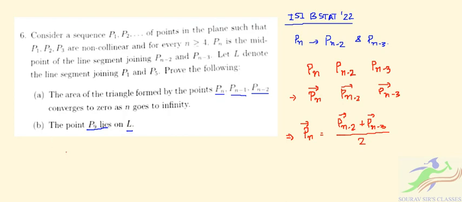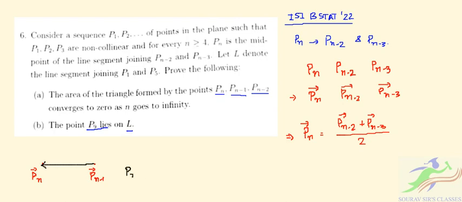So we can consider these two points, this is Pn and this is Pn minus 1, and the line between them can be written as the difference of these two.